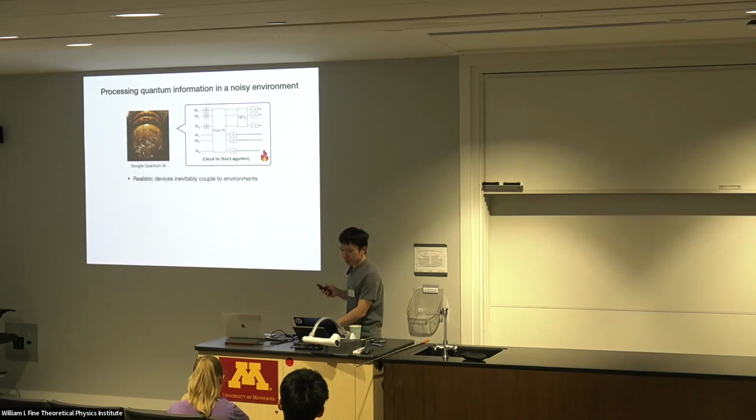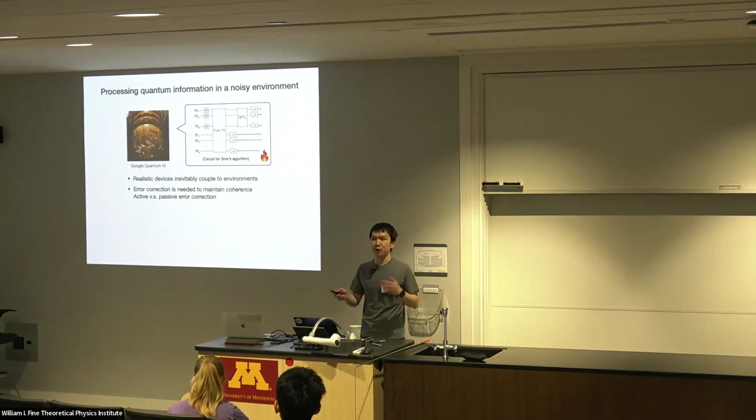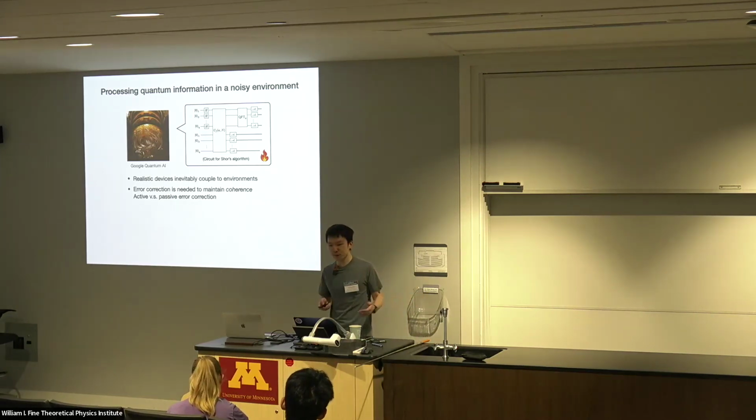From yesterday's talk, we have learned that there are two main strategies for carrying out quantum error correction. One is active error correction, based on a non-equilibrium protocol by performing measurement and implementing feedback in the quantum device.